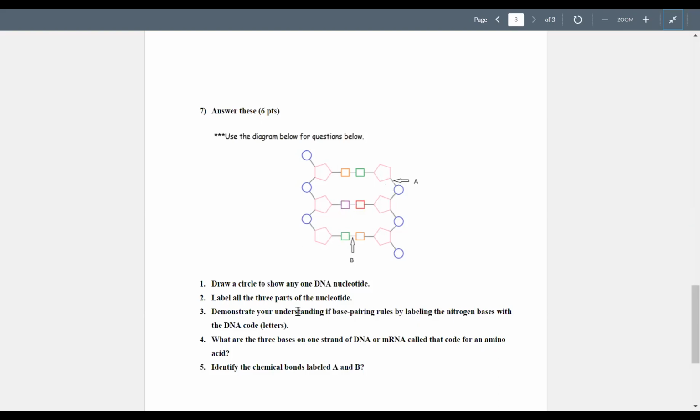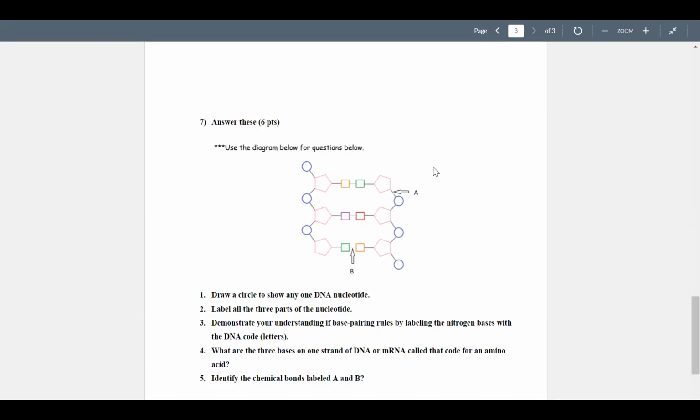So I want you to circle one part which shows the 3 parts of a nucleotide. What are the 3 parts? We know the 3 parts are the sugar, the phosphate, and the base. So I would like you to do it with a pencil and please show to me what is a nucleotide.